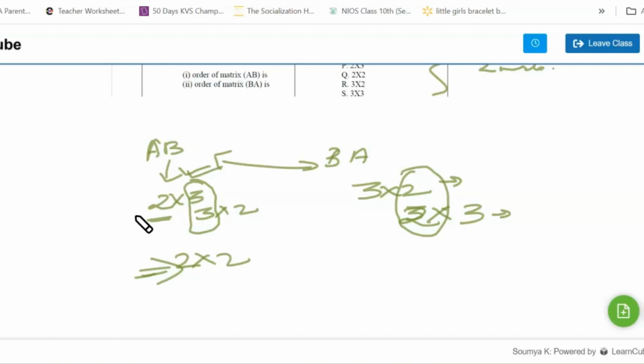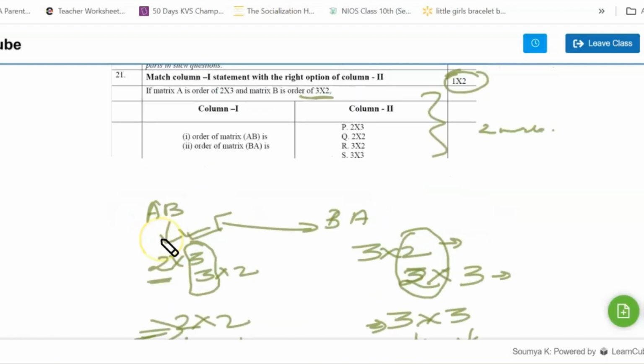So multiplication is possible for the given matrices, and the final result will have the order 3 by 3. So you can see one matrix will have 2 rows and 2 columns, and another matrix will result in 3 rows and 3 columns. The same thing written in 2 different ways. So we can say both are not the same. AB is not equal to BA in case of matrices.